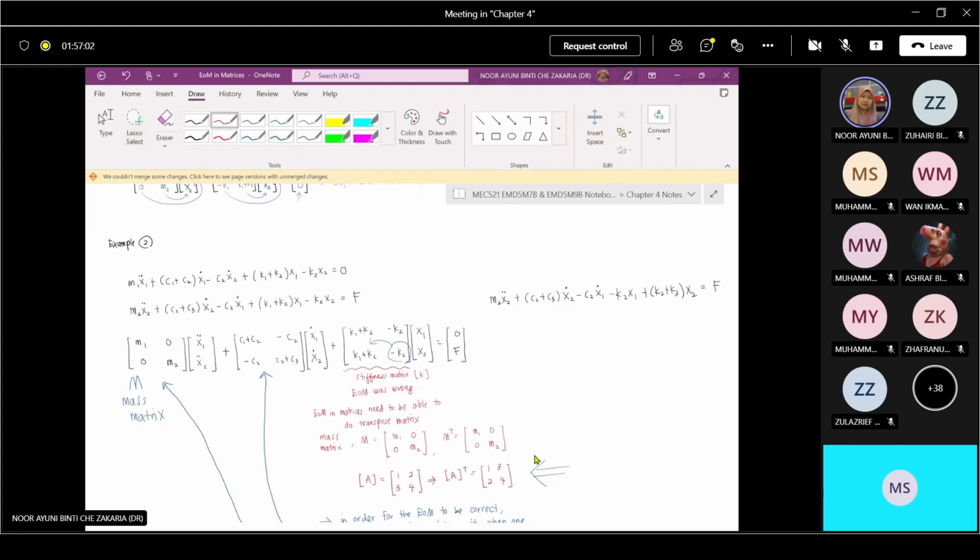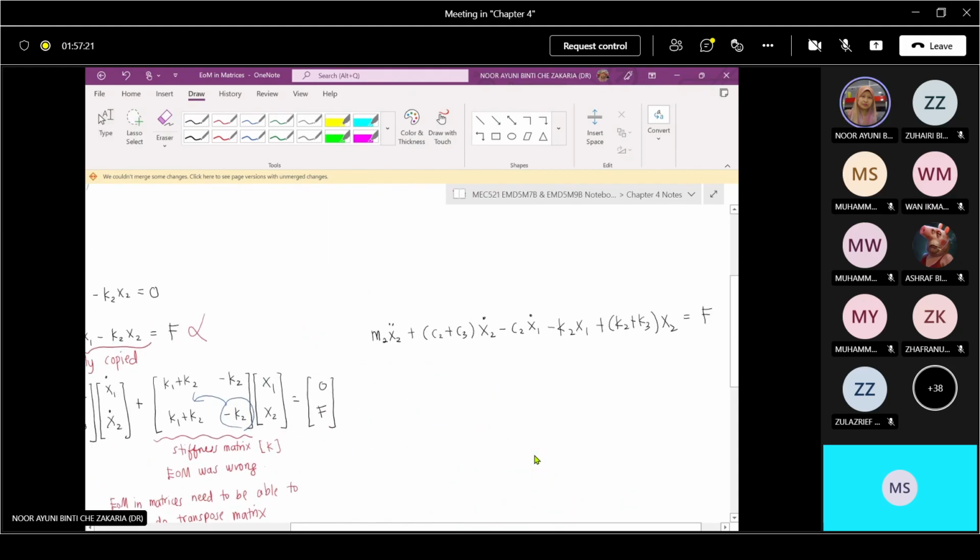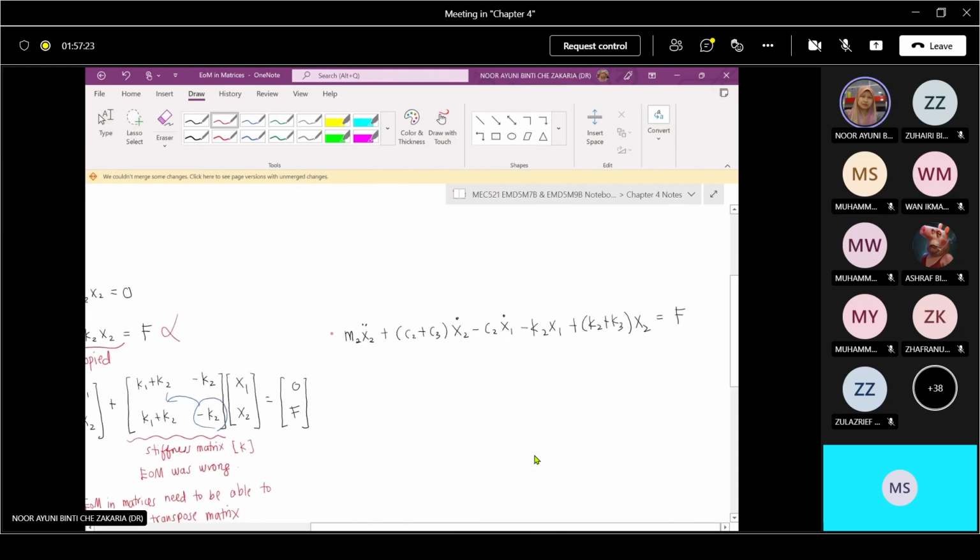Saya letak. Okey, saya letak saya. Maknanya di sini salah. So this is the correct equation. This is the correct equation.